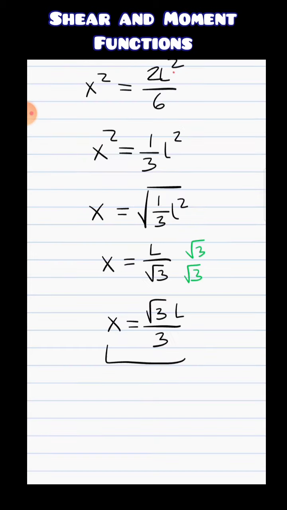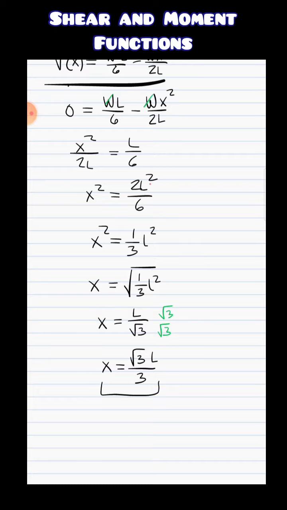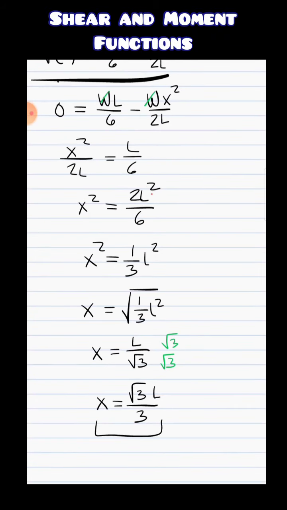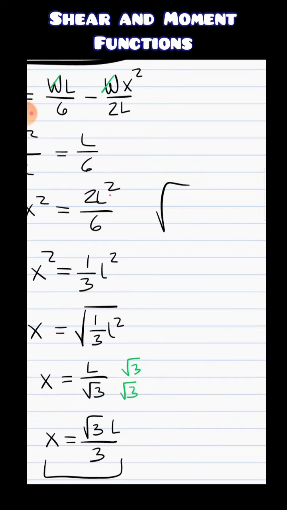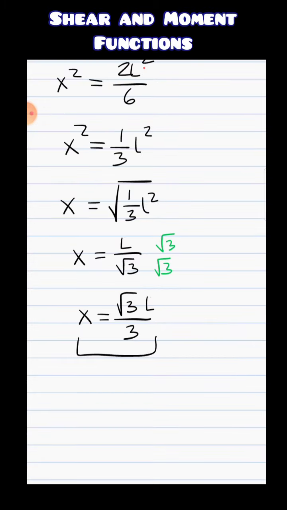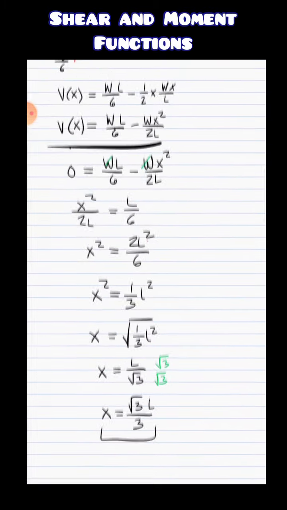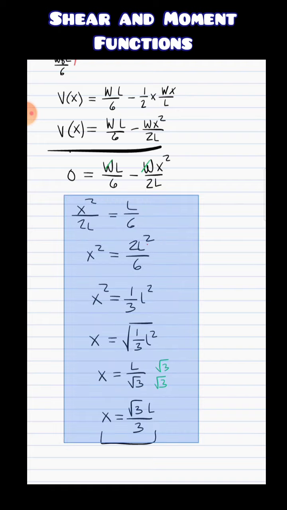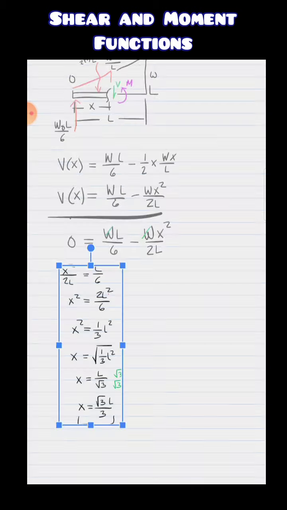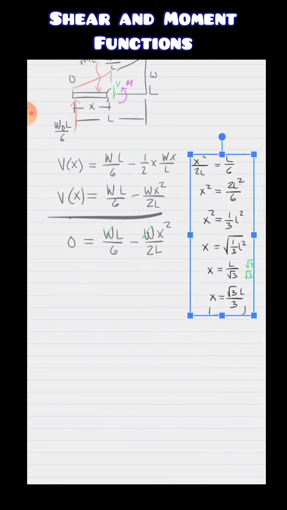So this is the distance and location of our maximum moment from point A. This is our point A here. If you like, the square root of 2 over 6 L squared is already valid, you can have it as is, but there's a simpler form like this one. This is the location of our maximum moment. For the moment, let's keep it right here first.